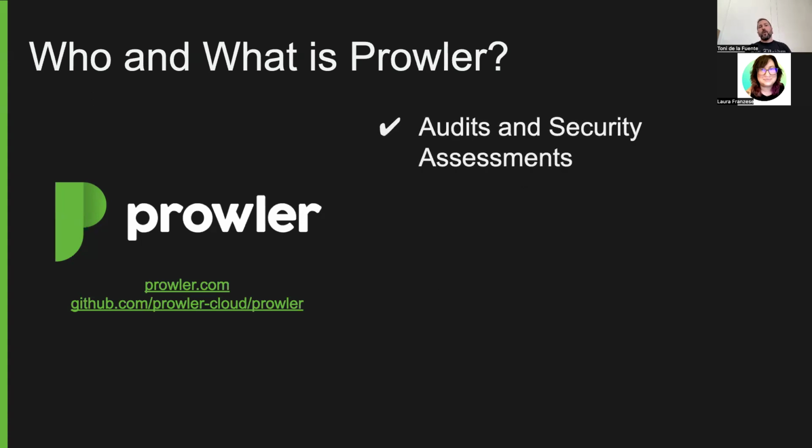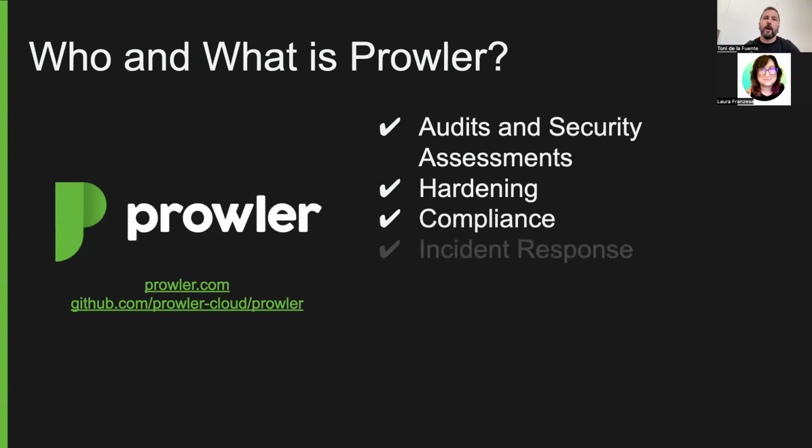Prowler is well known for audit, security assessment, and hardening, because it helps you with everything related to how to fix or improve your security posture. It also helps you with compliance across multiple compliance frameworks.